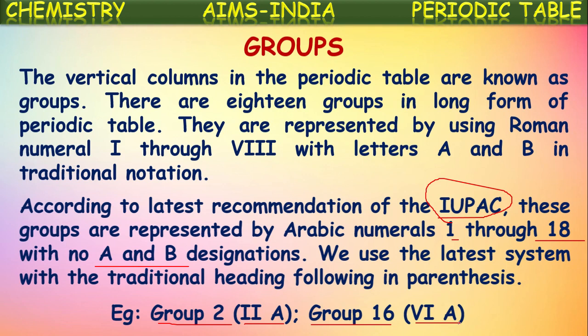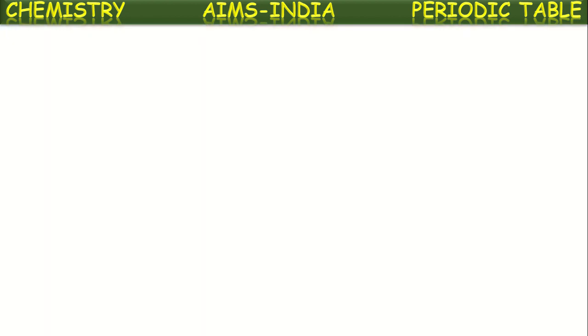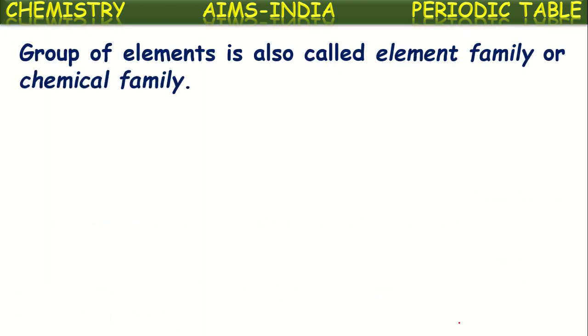Okay, both are correct representations only. Now, groups of elements are also called element family or chemical family. The elements present in one group all together are considered as an element family or chemical family, and generally they are represented with the name of the first element in that group.